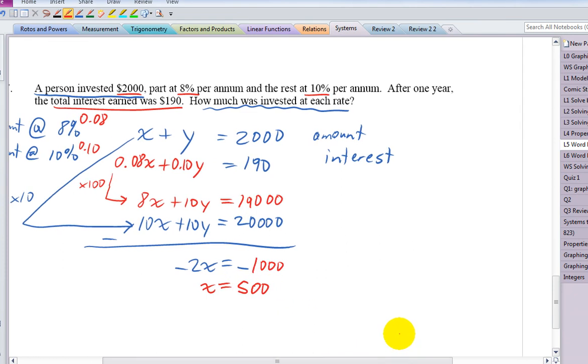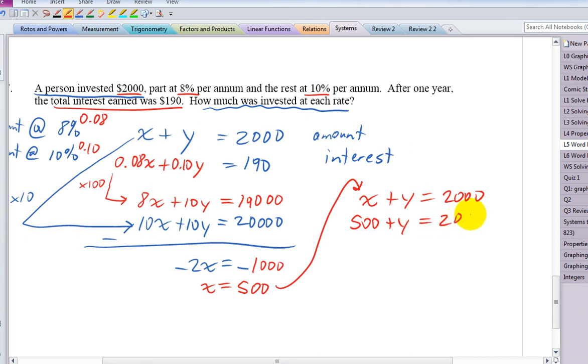Okay. Now I'm going to use the top one, x plus y equals 2,000. That's such an easy one to use. I think I'll pick that one. Put in 500. And most of you are like, why are you really doing that, Mr. Barker? Because I love showing my work.